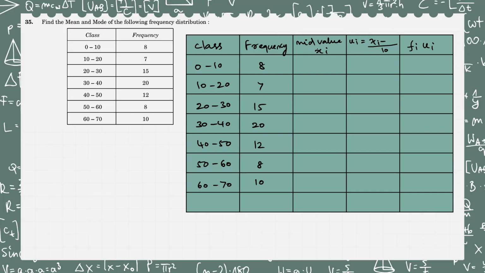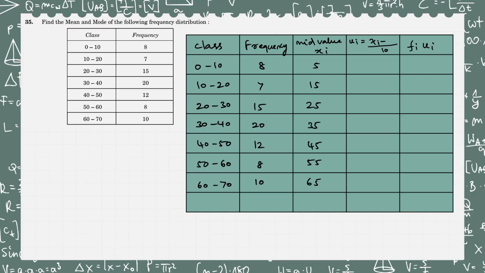So the middle values for each class interval will be the midpoint, or the average between the lower limit and the upper limit values. So the mid value xi for the first row will be 0 plus 10 by 2, which is 10 by 2, 5. For the next classes it will be 15, 25, 35, 45, 55 and 65, right? And the assumed mean will be the middlemost entry.